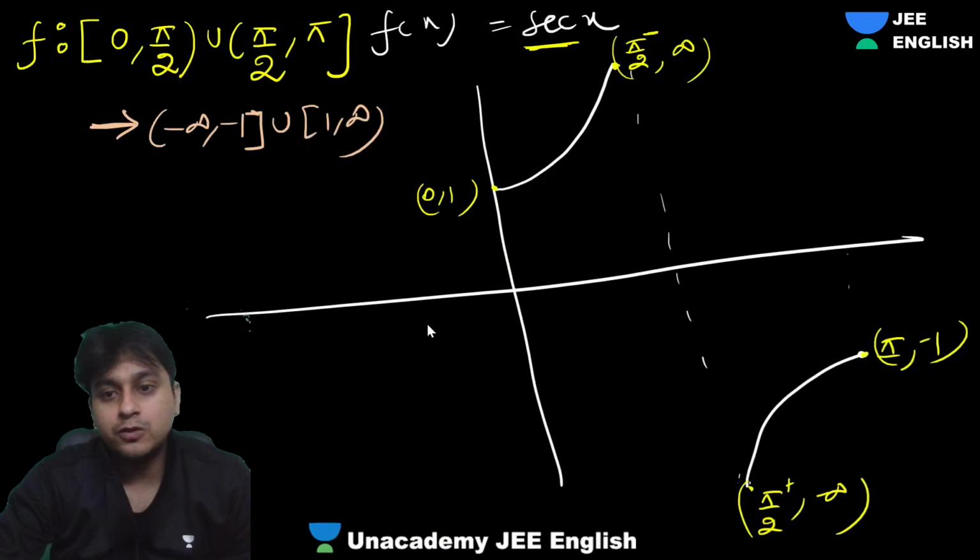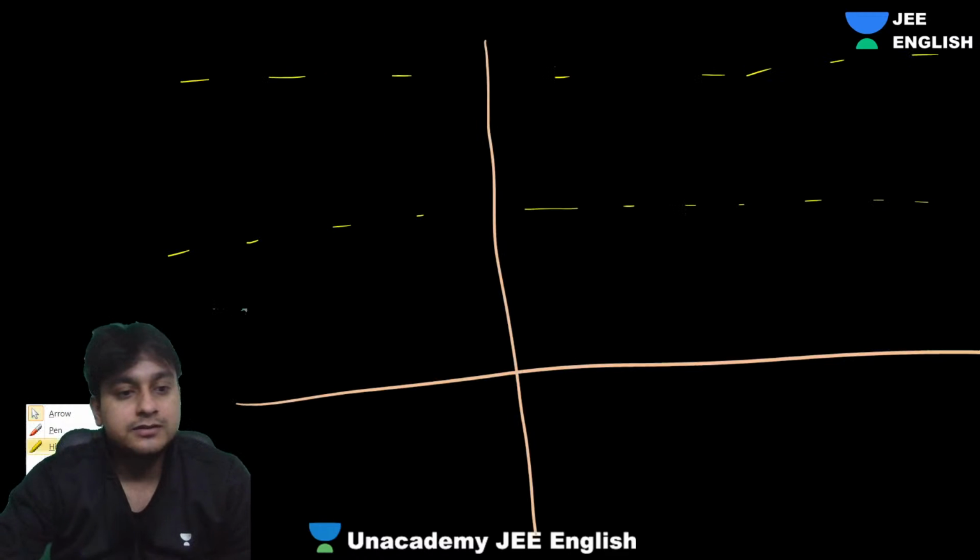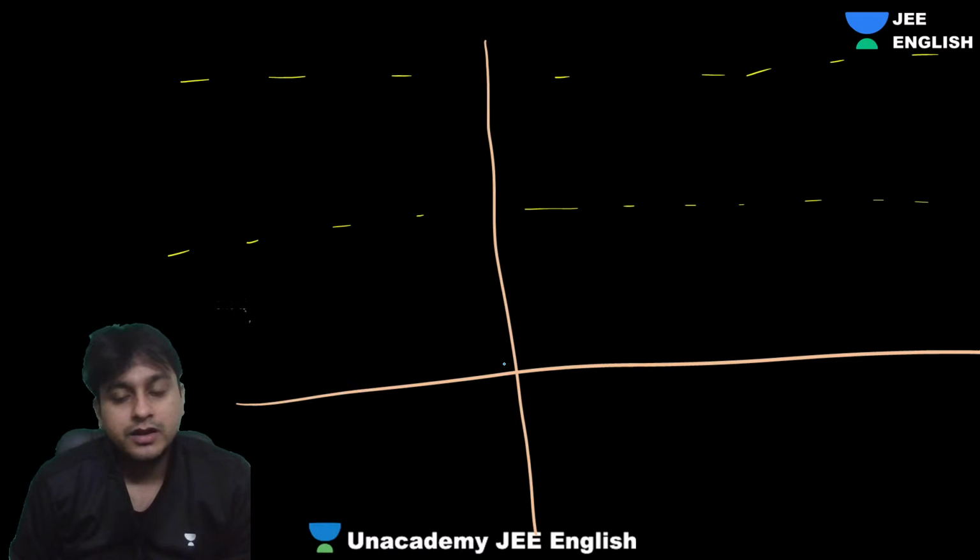So one by one note the point. What is that? 0, 1. So which will be its flip point? 1, 0, right? 1, 0. The flip point of this will be 1, 0. Where will 1, 0 be, guys? Here. X equals to 1. From 0, 1 we'll get 1, 0. Okay.